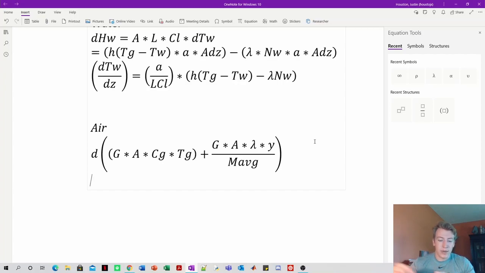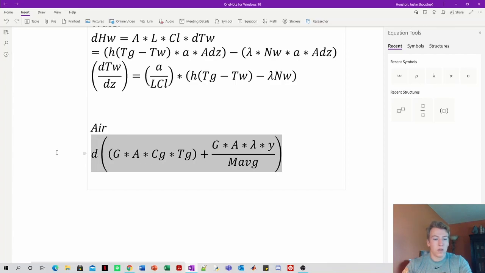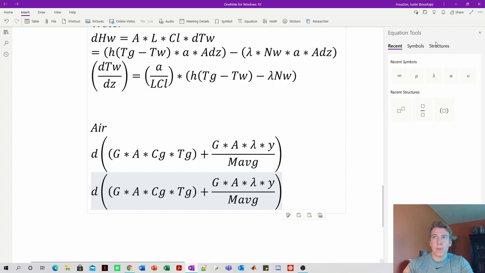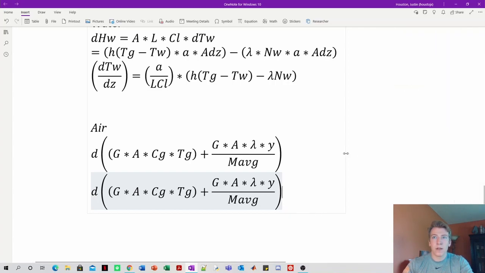So what we want to do here is take this whole side that we just found, and we're going to set it equal to what we found in doing the gas differential equation in the cooling tower. And we can set that equal to each other.